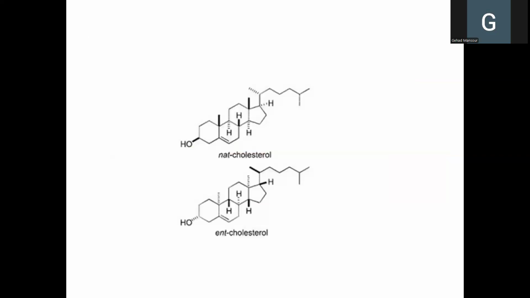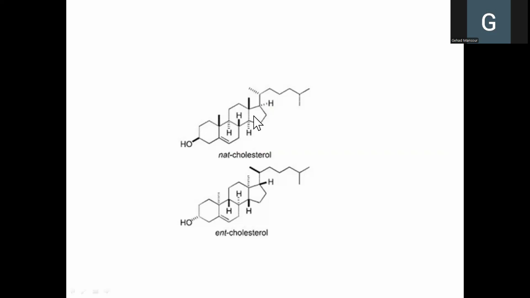Furthermore, about the cholesterol molecule, it is one of the examples of steroids, because in the middle it has a rigid steroid nucleus that is fixed in all steroids, whether you are talking about cholesterol, cortisols, or sex hormones.